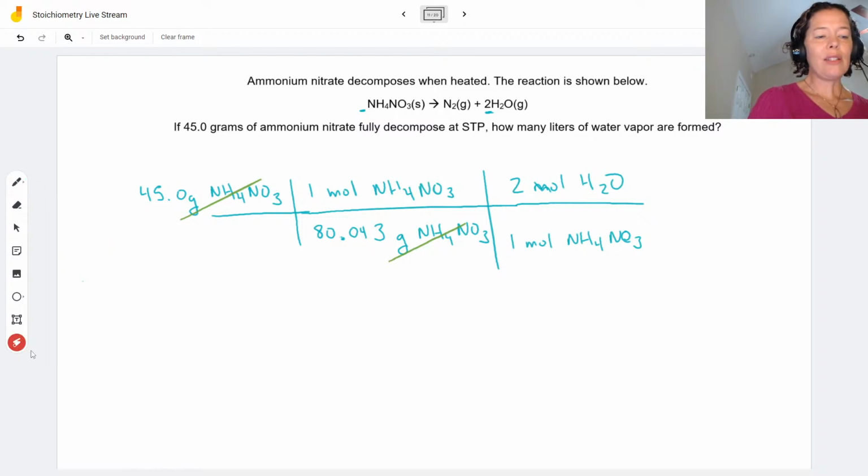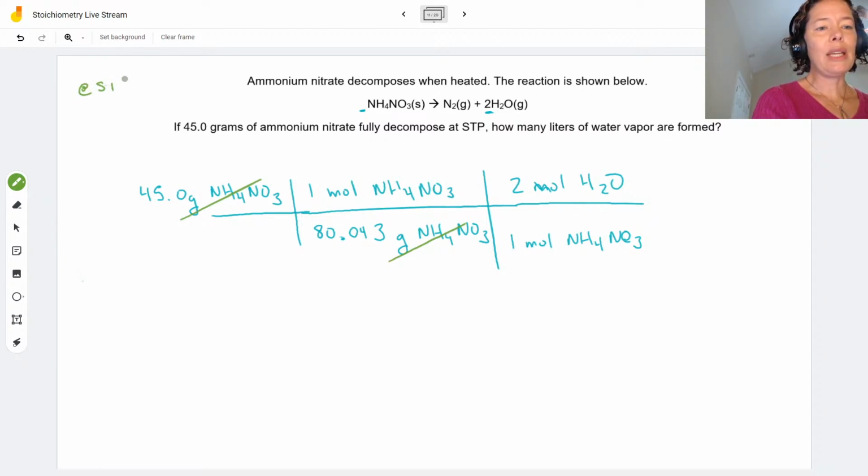Okay, now we need to talk about our gas laws, and specifically we're going to talk about STP. STP stands for standard temperature and pressure. And standard temperature and pressure is 0 degrees Celsius or 273 Kelvin and 1 bar. Now, the key thing here at STP, I'll go ahead and write this down in the corner.